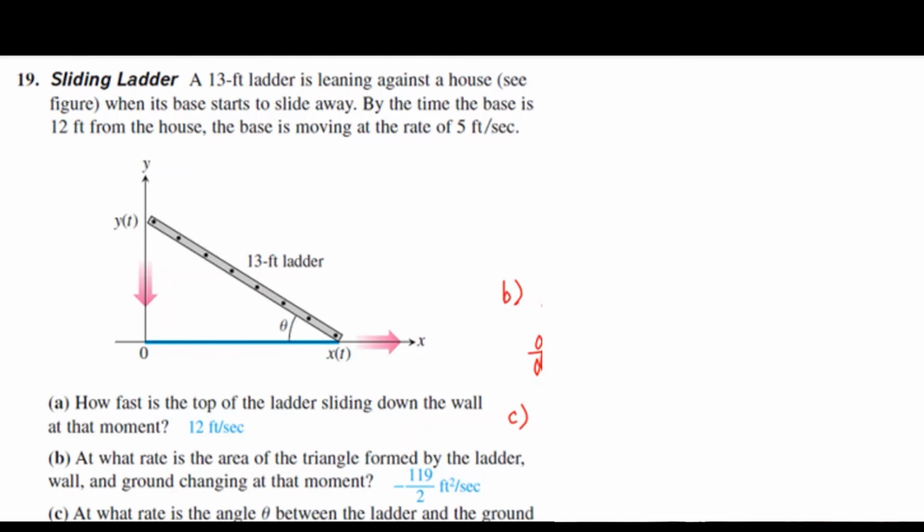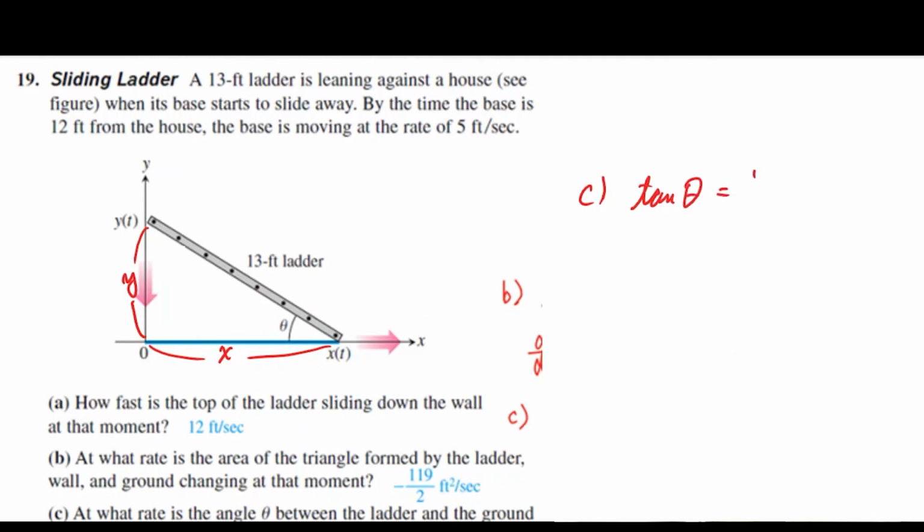This is why if you draw the diagram like this, it's better. X, Y both change, right? And theta changes, right? If you like to complicate your lives, you could have done it this way.